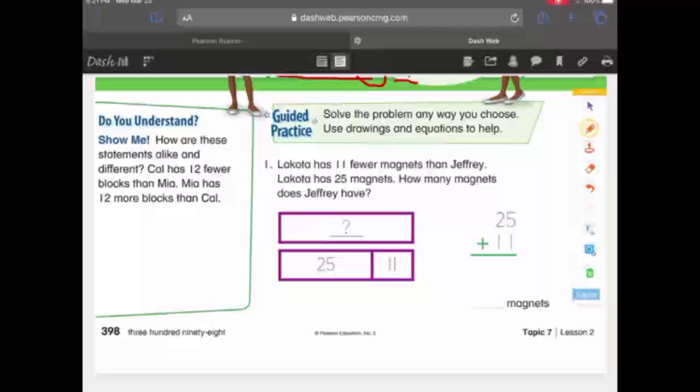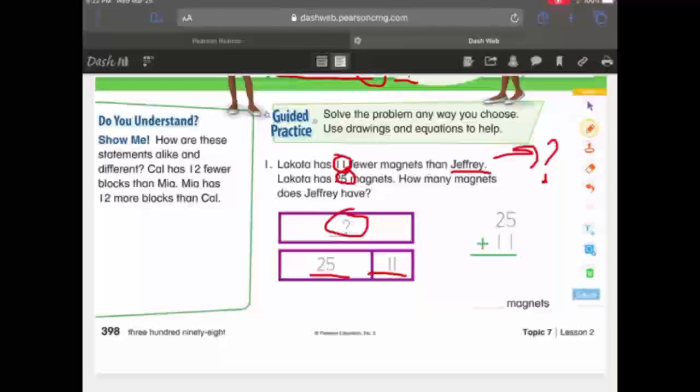Jeffrey will have more, but we don't know Jeffrey's amount. So we're just going to write a question mark for Jeffrey, and Jeffrey's amount is going to be the number that goes in the bigger box. That means the two smaller boxes are going to be 25 for how much Lakota has, and 11 for the difference between Lakota's magnets and Jeffrey's magnets.